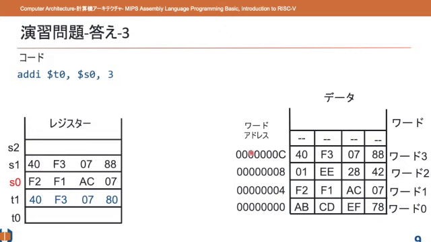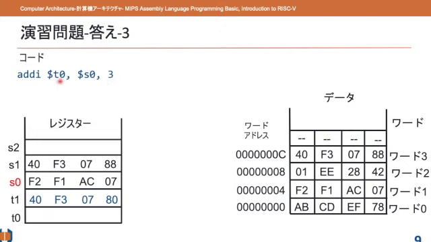No memory operation is required, so it is within the register set. What I tell the processor to do is add immediate, save the result to temporary 0, and the value of S0 with 3. So the meaning of this instruction is: take the value of S0, add 3, and then store it to the temporary 0 register.